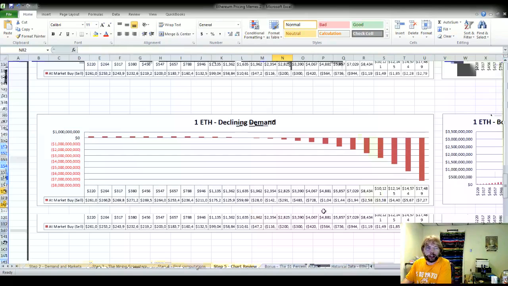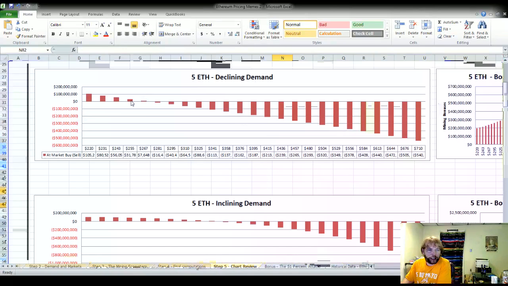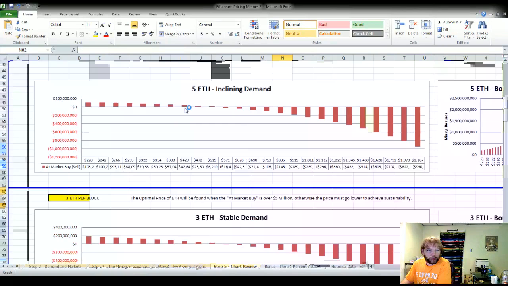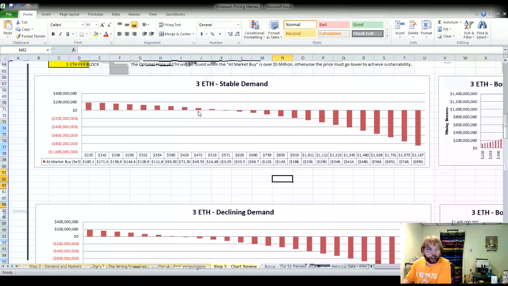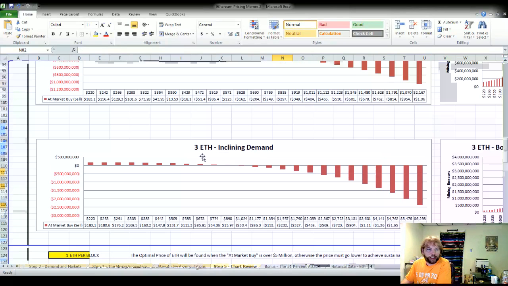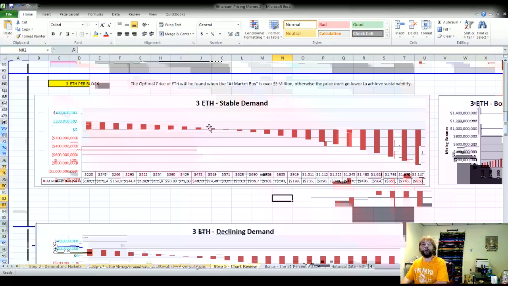Then at 5 ETH, the price point stabilizes around $320 or $250, right around there. And then at 3 ETH, it'll stabilize around $470, somewhere between $350 and $700, but probably closer to $450.